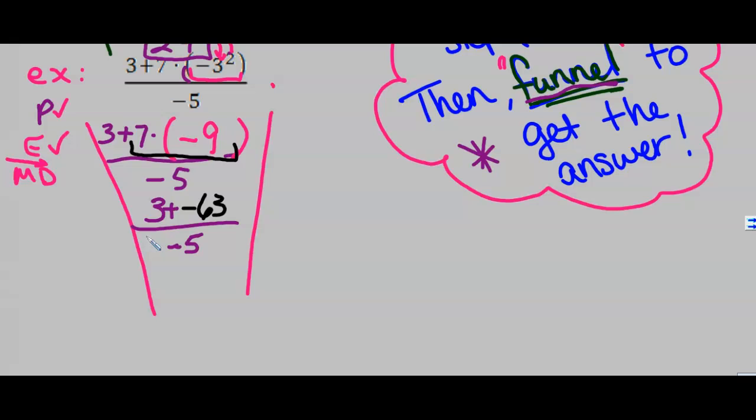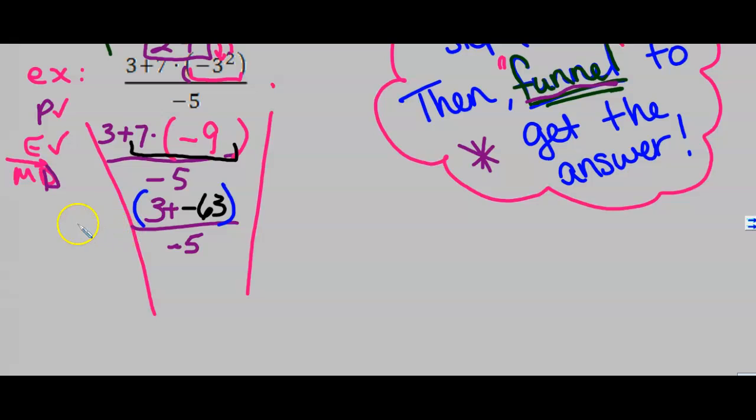Now in this case, you have to view the negative 5 as a denominator. What this is basically telling us is, take all of this and divide whatever you get by negative 5. So we have to solve the top first. We have to solve the numerator first. So 3 plus negative 63.